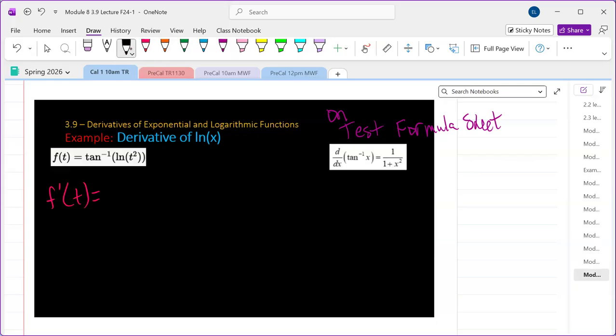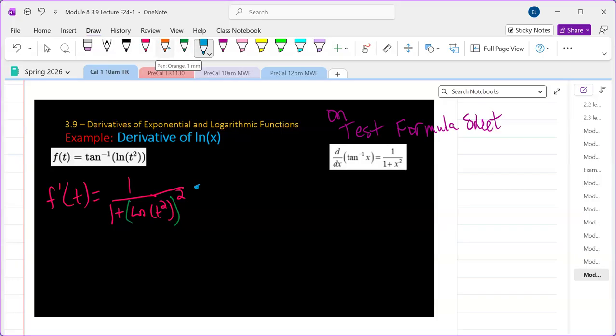So I have 1 over 1 plus the natural log of t squared, whole thing squared, ick, times the derivative of the natural log of t squared.